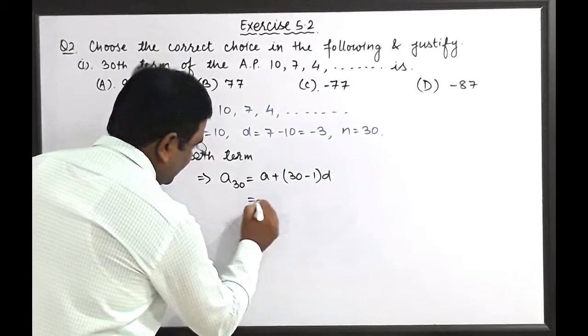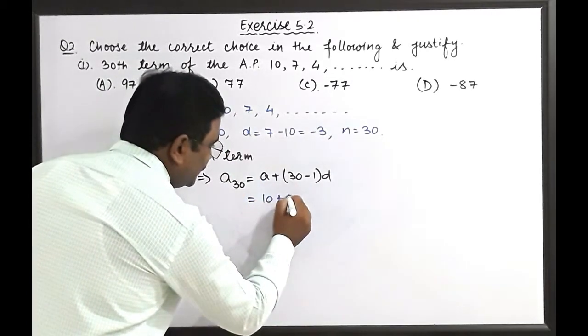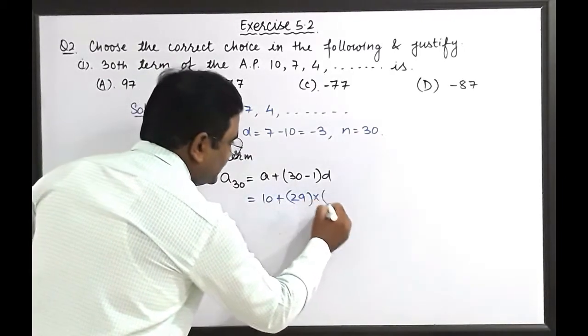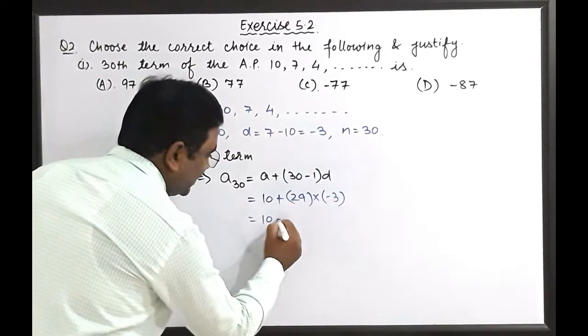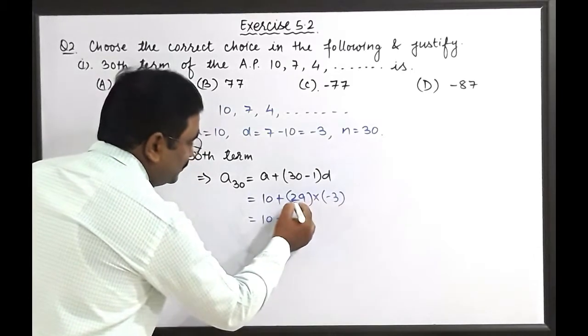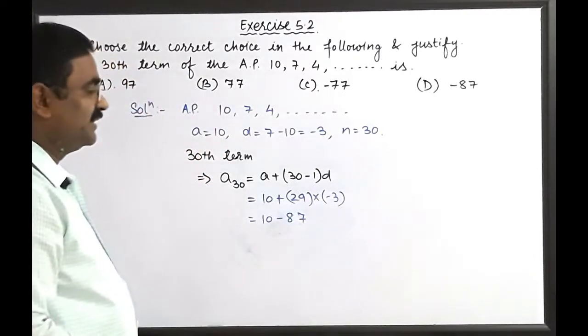So a is 10 plus 30 minus 1 is 29, multiplied by d is minus 3. So 10 plus into minus is minus, 3 nines are 27, 3 twos are 6, plus 2 is 8, minus 87, right?